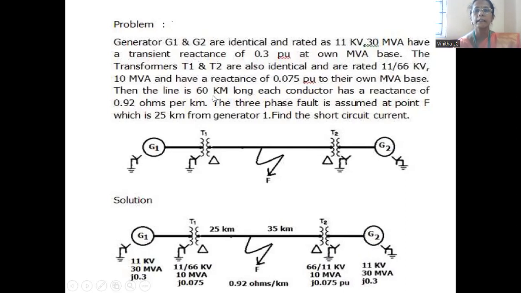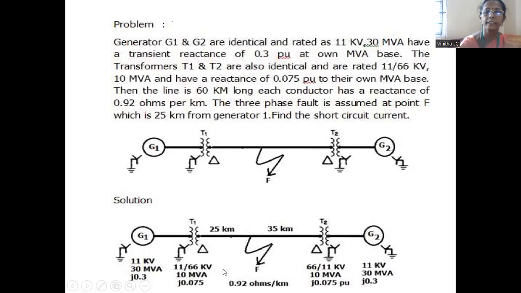The transmission line is 60 kilometers long and its reactance is 0.92 ohms per kilometer. The fault has been assumed at point F, which is 25 kilometers from generator 1. So this point is nothing but the faulty point. For this problem, we have to calculate the value of the short circuit current.